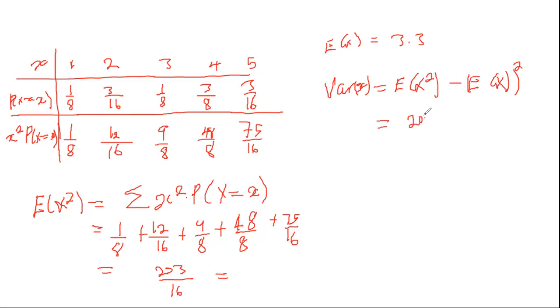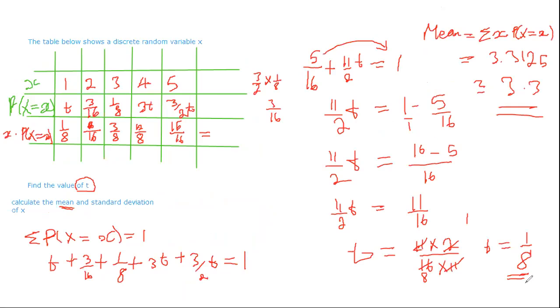So this would be 203/16. Then we subtract the mean. Let me get the exact value here. The mean was 3.125.